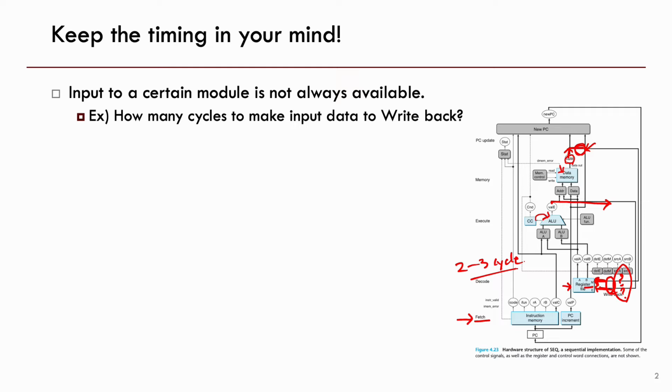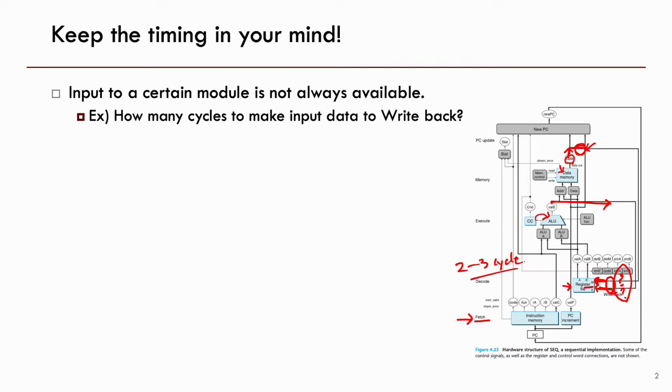So it is important to know that we should start writing this input data to the given register when these two inputs are available, right? So that's why we should be careful, and we should know the timing to start executing certain stages.